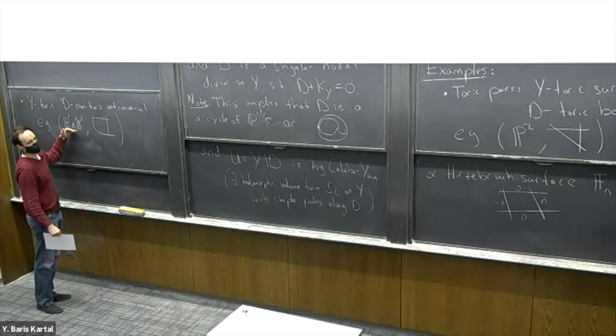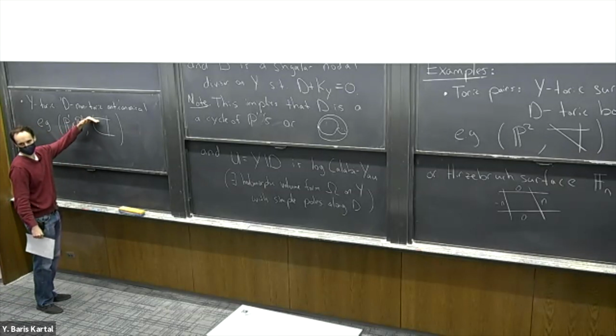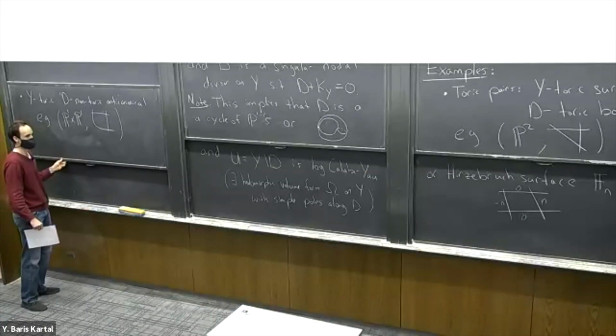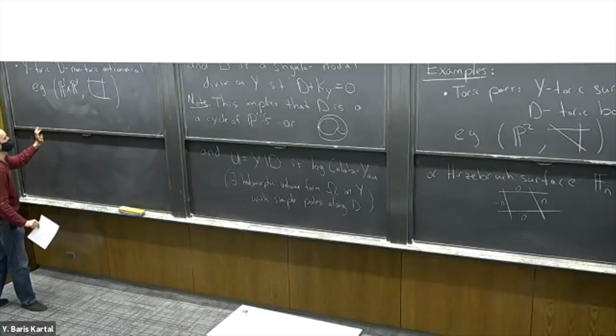Yeah, there's a C star squared action on the toric surface. On the toric boundary pieces there's an induced C star action because it's one dimension lower. Well, it's trivial in one direction.